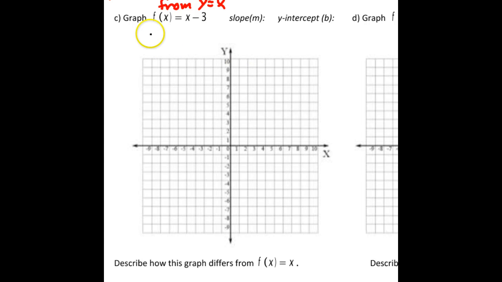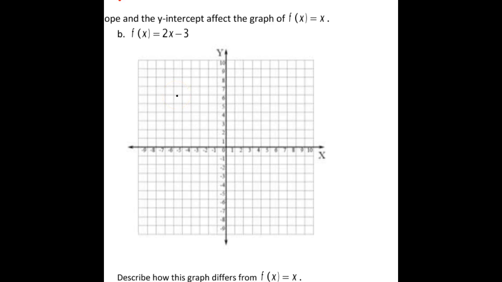Go ahead and do C and D using a similar strategy. So if we graph y equals 2x minus 3, remember, it's how it's different from y equals x, so you want to start with that base graph, y equals x. Start there. Then when you graph this one, that's going to be starting at -3, up 2 over 1, repeatedly.